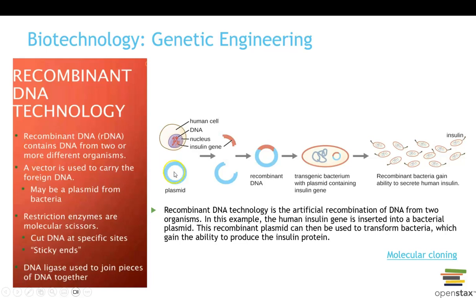So you cut the plasmid with a certain restriction enzyme, and then you're gonna cut the gene that can produce or encode insulin in the DNA.